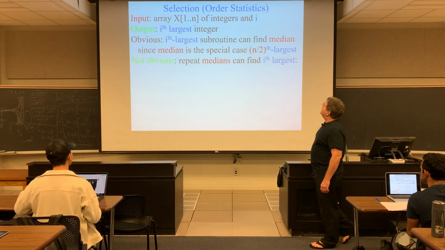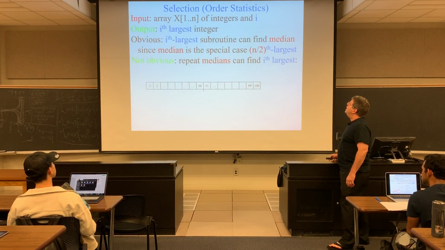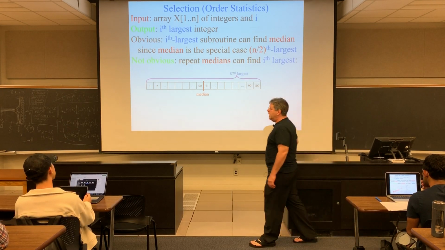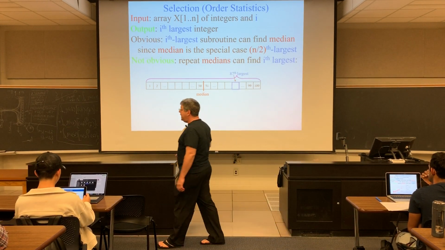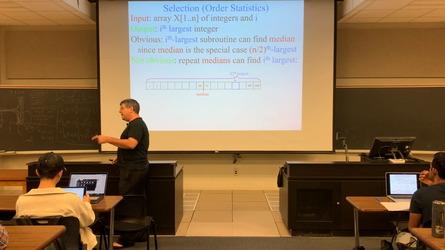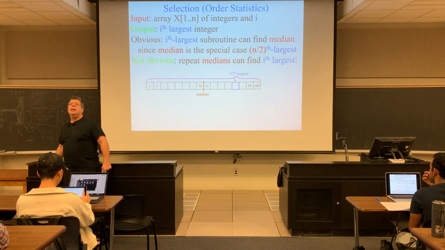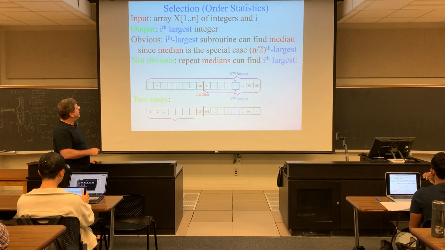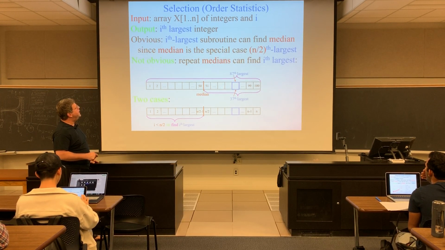And then we talked about selection in general, the ith largest. We said that if you can find the median in linear time, that suffices to find any ith largest, not just the median, which is the n/2 largest, also in linear time, by repeated calls to the median. So if you're trying to find the ith largest of 100 things, and you can find the median in linear time, you can find any ith.